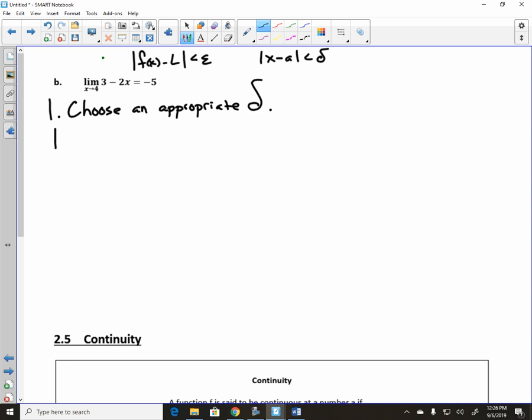So absolute value of what? 3 minus 2x minus -5, so plus 5, less than epsilon. Whenever the absolute value of x minus 4 is less than delta.